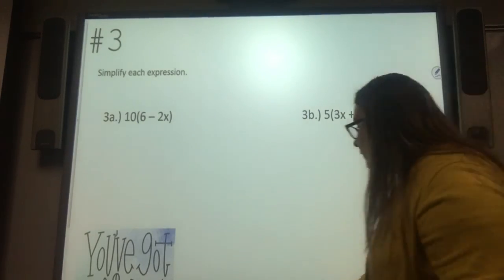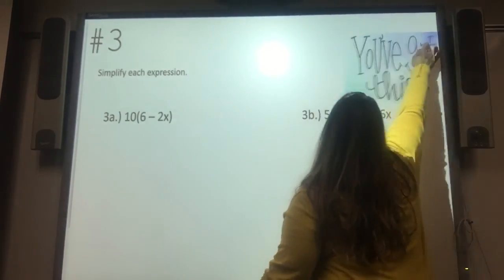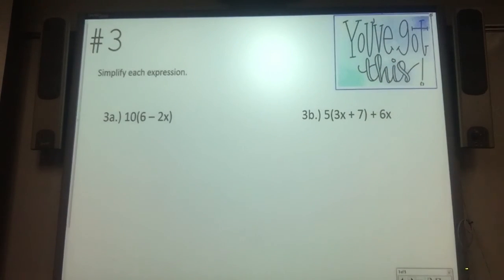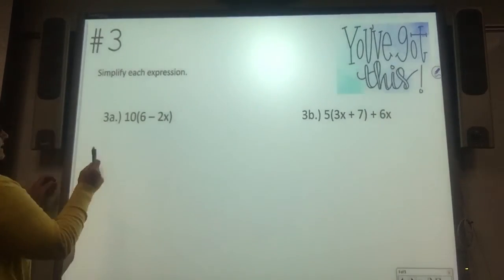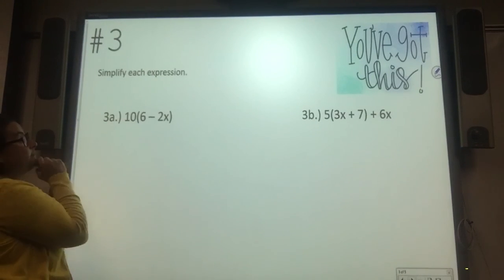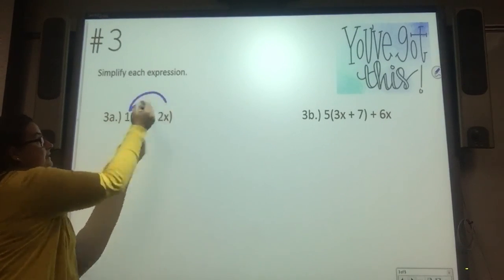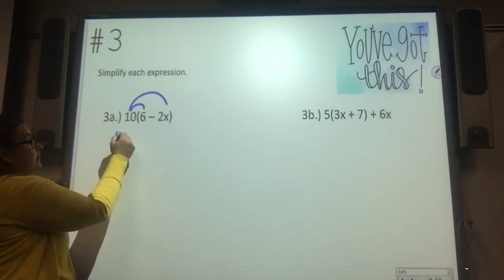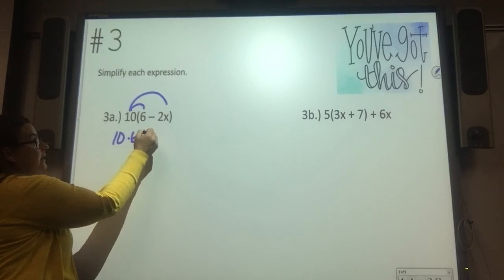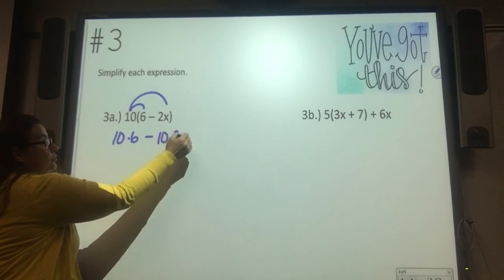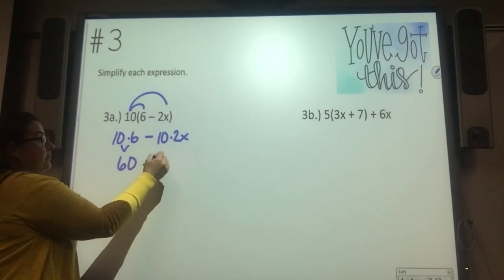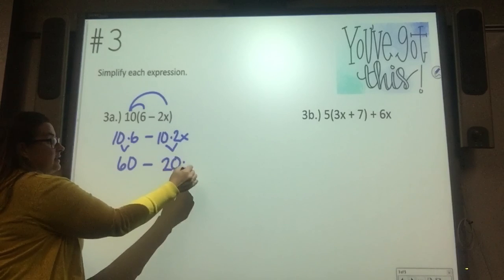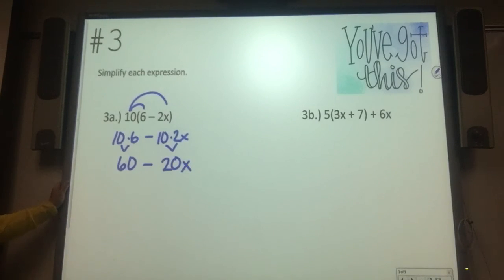All right, here we go. You have got this. We are going to do some more work with distributing and simplifying expressions, okay? So over here, I see 10 times the quantity 6 minus 2x. 10 times 6, 10 times 2x. 10 times 6 minus 10 times 2x. 10 times 6 is 60, minus 2 times 10 is 20x. 60 minus 2x.